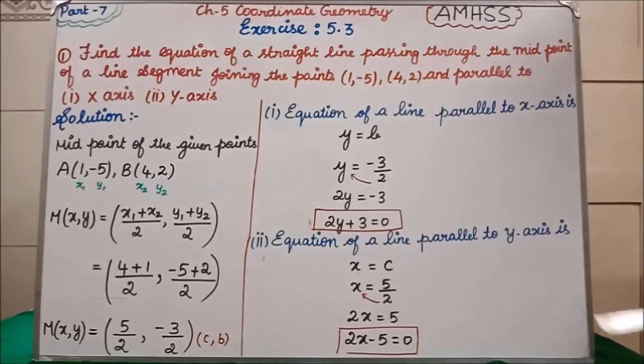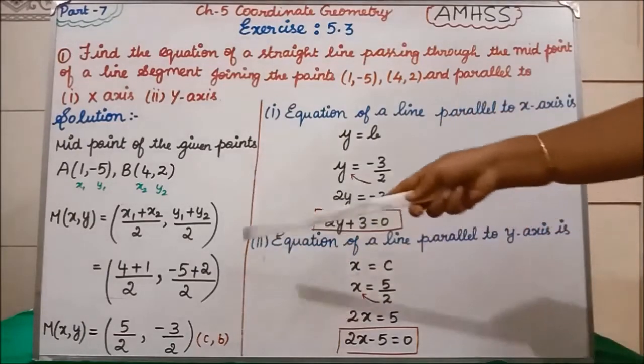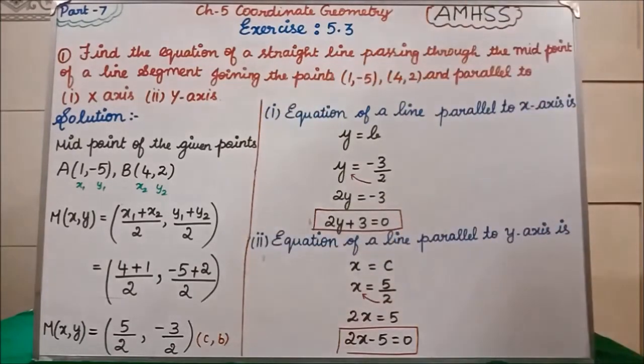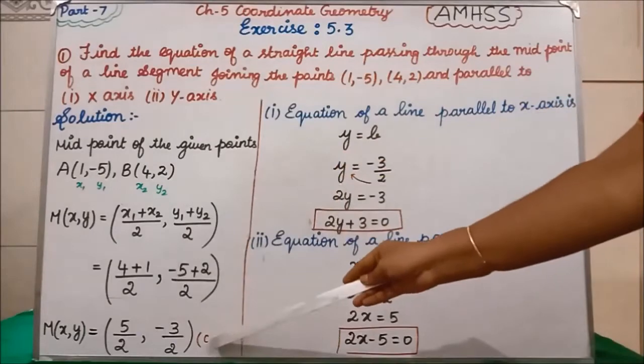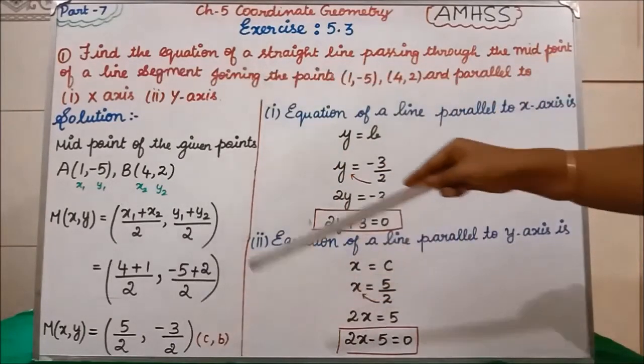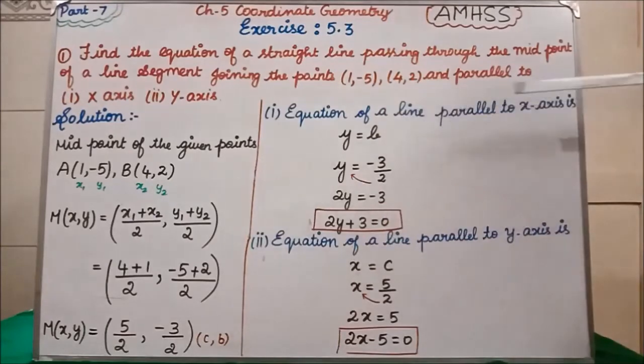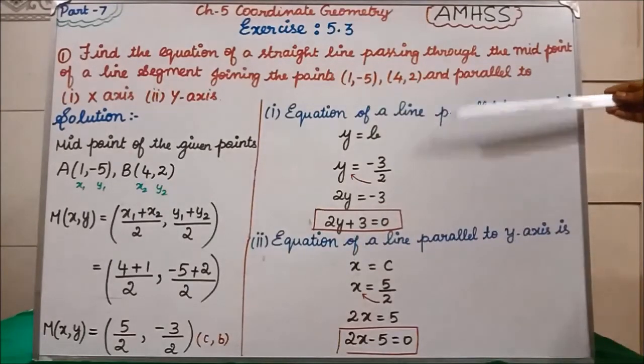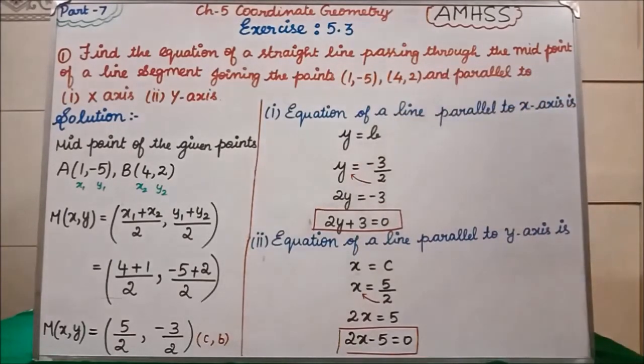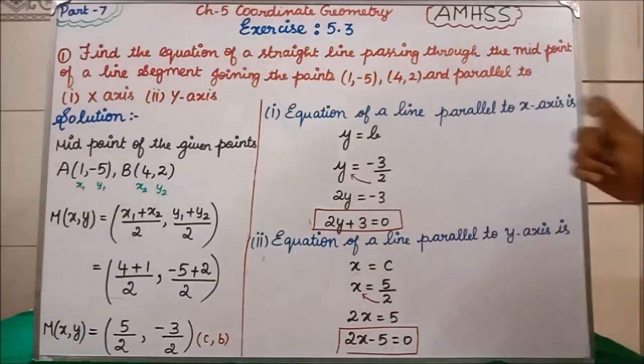So now you see, 5 by 2, minus 3 by 2 is our mid value. So 5 by 2 is our c, minus 3 by 2 is our b. So the formula for parallel to the x-axis is what? y equal to b is our formula. Clear?